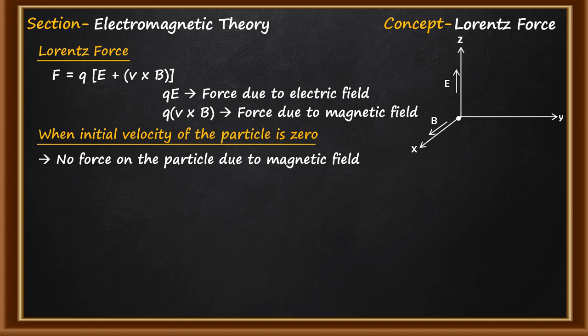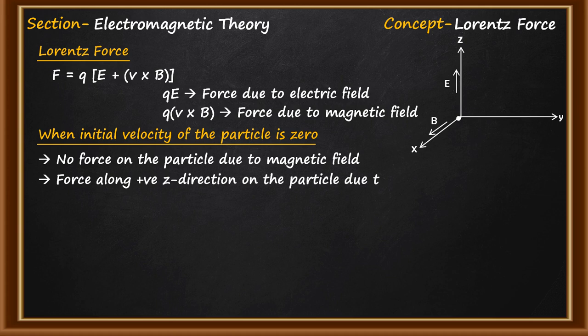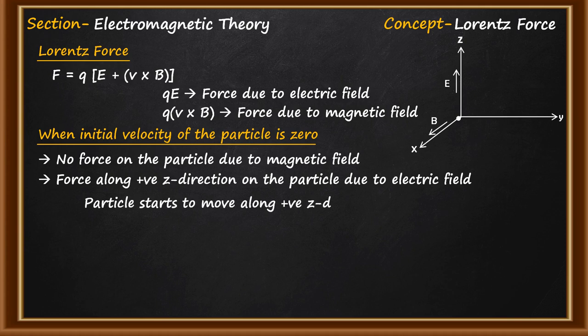However, there is a force due to the electric field. We know that the electric field is along the positive z direction, so that force will also act along the z direction. That means the particle will start to move along the positive z direction, or we can say the velocity of the particle is along the positive z direction.